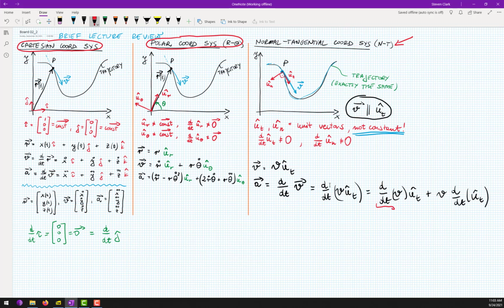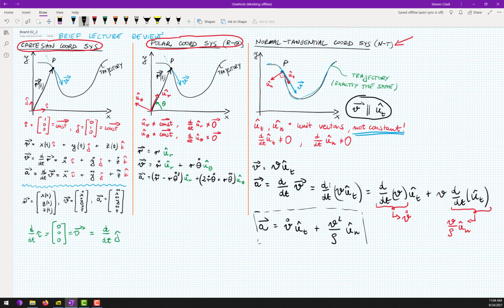Nobody has doubts that the first term is v dot, and the second thing, believe me or not, is v divided by rho times U_N. So the acceleration is a equal to v dot U_T plus v squared divided by rho U_N.